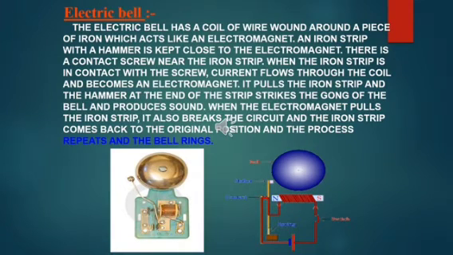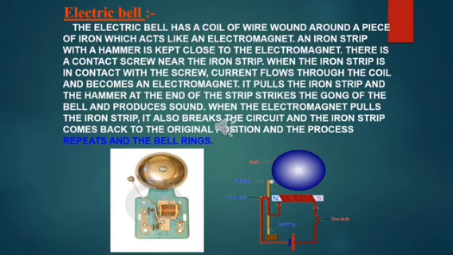Are you understanding? Yes. So when I switch on, or when I ring the bell, what happens? There will be current flow. So when there is current flow in the piece of iron, it starts to behave like a magnet.